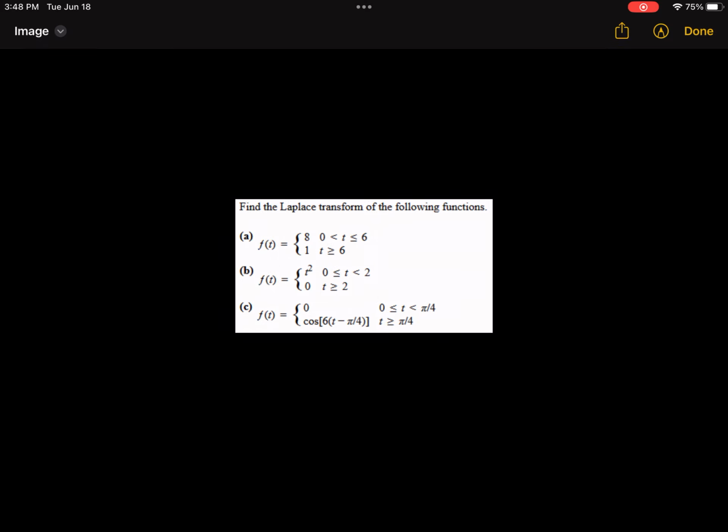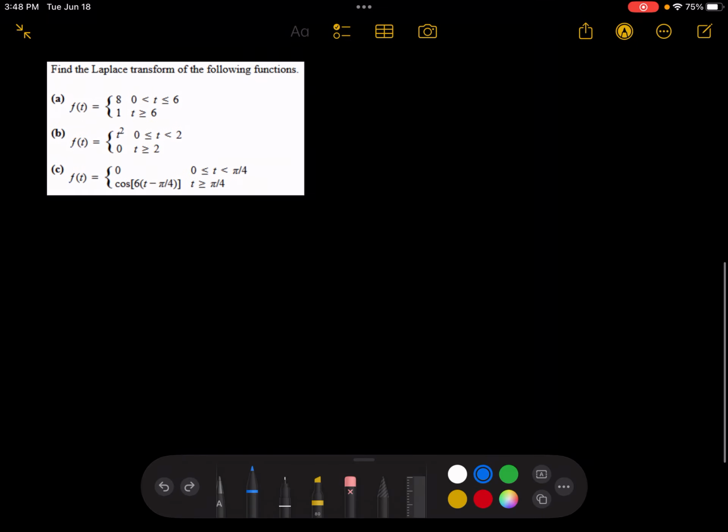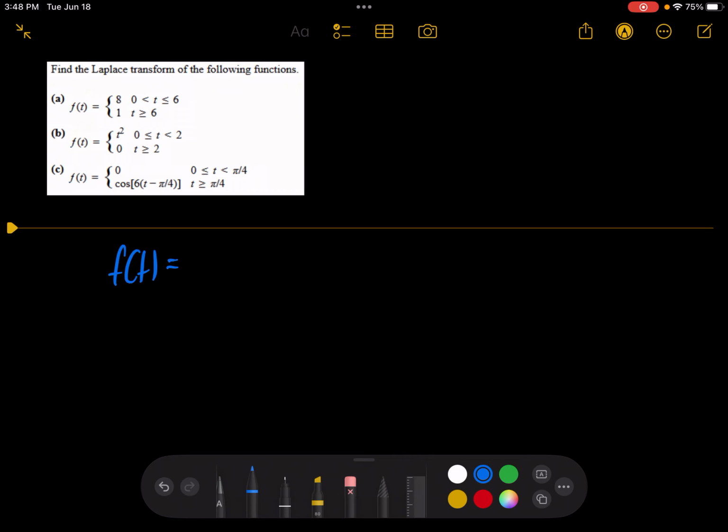Okay, so we're gonna go over 6b real quickly, and we just want to find the Laplace. So, as always, we represent g at t, which is t squared, and then we're gonna do plus h at t, so 0 minus t squared, and this would be times u at t minus 2, t minus a.